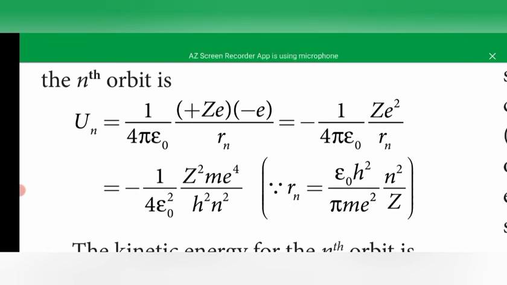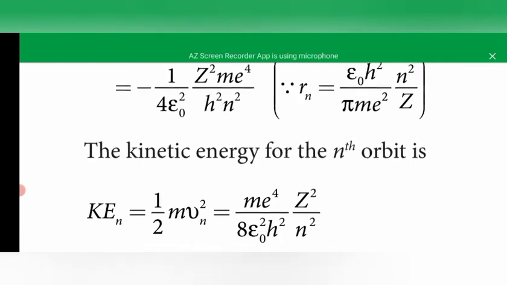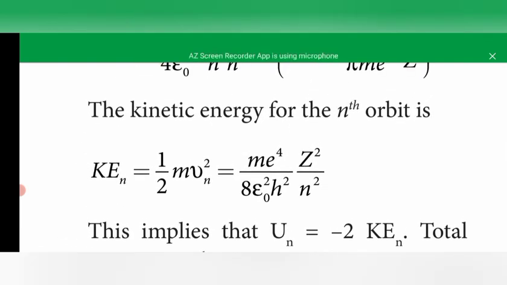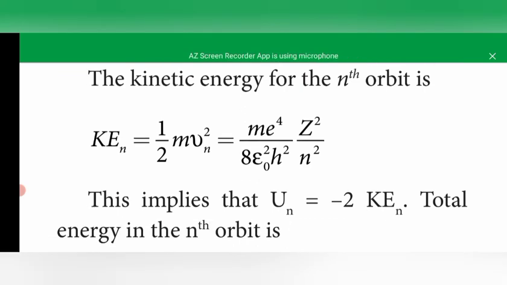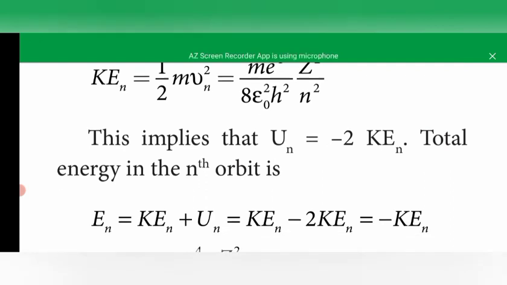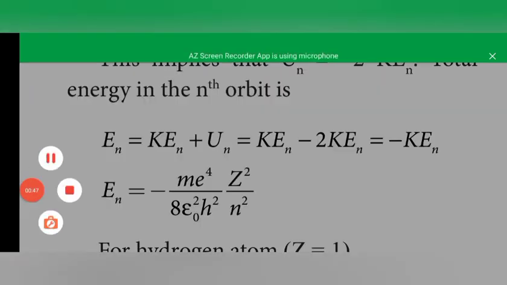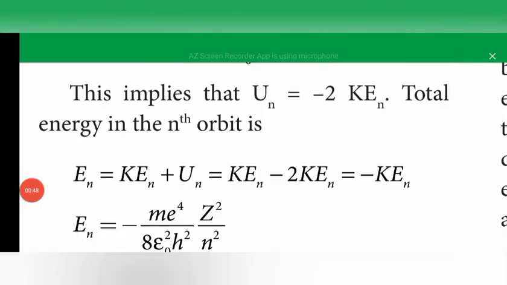So that is the value, you substitute that, and kinetic energy for the nth orbit is half of mv square. So in this equation you have to substitute the v value. Then finally, the total energy of the nth orbit is, so this potential energy is equal to minus 2 times the kinetic energy.